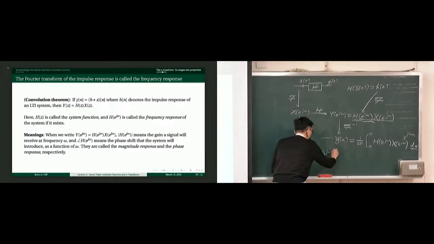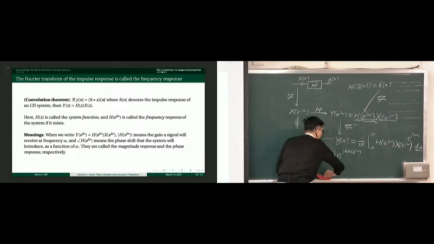So here, if we emphasize that H equals its absolute value times e to the j, the phase of itself. The notation is a bit messy, but you get the idea. Maybe I don't want to really emphasize this, too much notation.